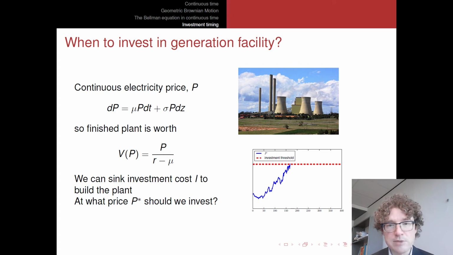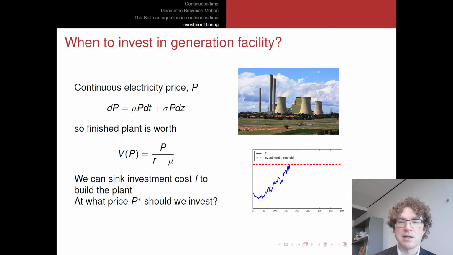Once we make the investment, which has my investment cost I, we get this V of P. Until we have made the investment, of course we get nothing, but we do have the option to make the investment, and that option is going to have some value as well. We want to figure out at what price, at what P star, what threshold level, we should be willing to make this investment.